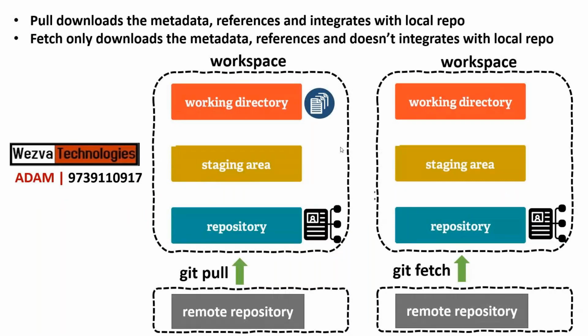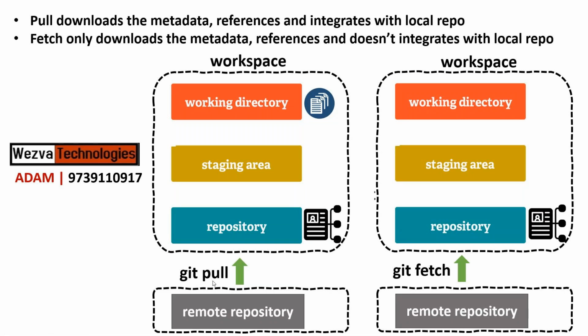So now when you actually execute a command called git pull, there are two steps which pull does. Pull will take all the references or the commit ID information, or in general the metadata from the remote repository, and it downloads into the local repository from where you're executing the git pull command. That's the first step.